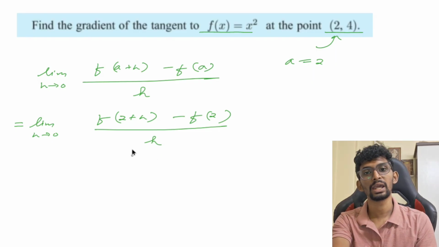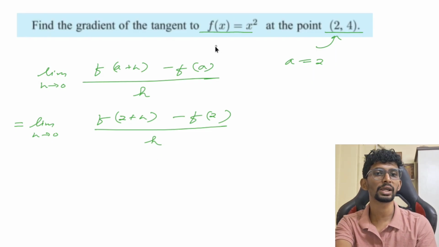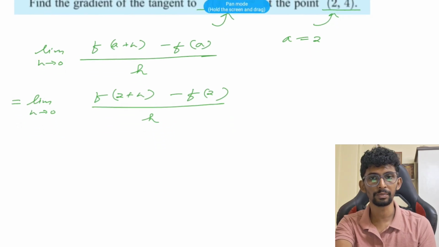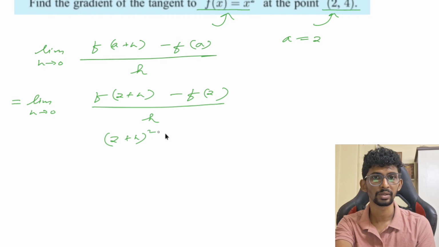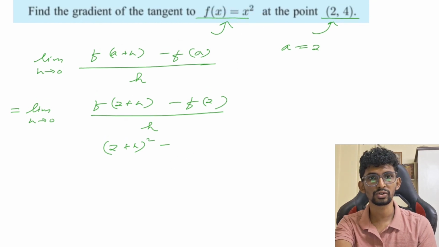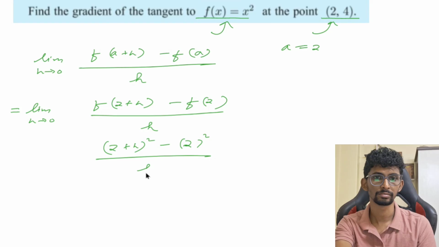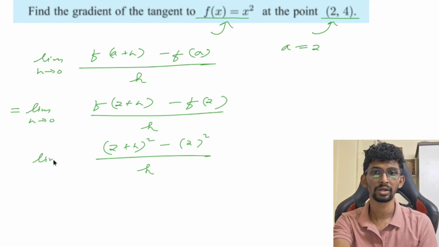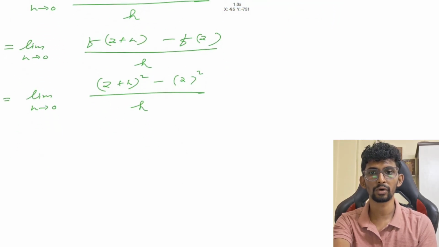So f of 2 plus h. Since f of x is x square, f of 2 plus h will be 2 plus h whole square minus, again f of x is x square, so f of 2 will be 2 square, divided by h. Limit of h tends to 0. Now for 2 plus h whole square, let us apply the a plus b whole square formula.